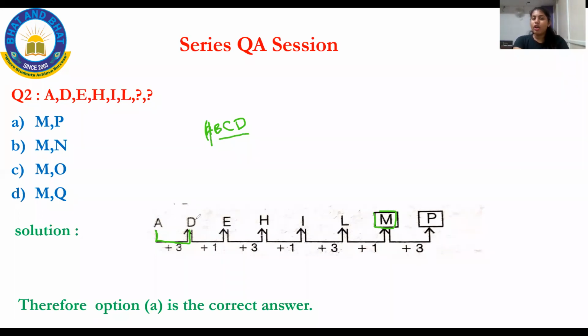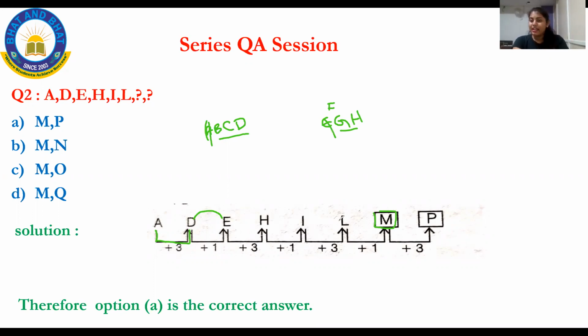D to E, obviously it is only one letter, right? Only one letter. And then E to H. How much? E, F, G, H. I leave E. How many letters? 3. So check for everyone. So the series carries plus 3, plus 1, plus 3, plus 1.